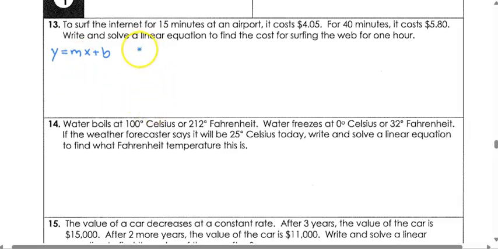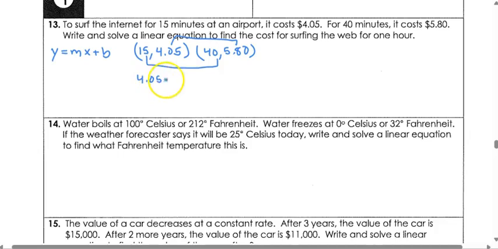All right. So if for 15 minutes it costs 4.05, I'm going to treat that like an ordered pair. And then for 40 minutes, it costs $5.80. Now I have 2 ordered pairs, which is what we did last class. So I can find the slope between these things. So I have 4.05 minus 5.8 over 15 minus 40.